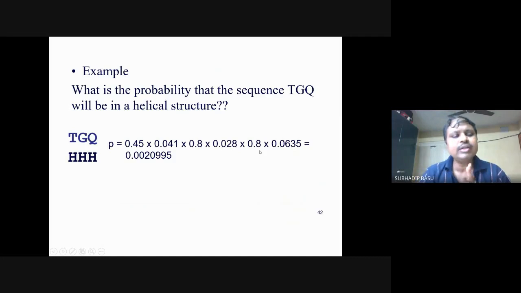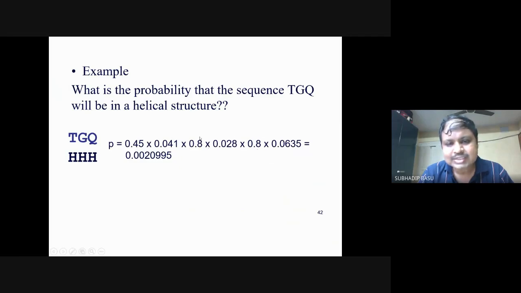Suppose I give a question: what is the probability of TGQ to become H, H and S? If I give TGQ and HHS, how can you estimate? So H, H, and then for S, these two will change.